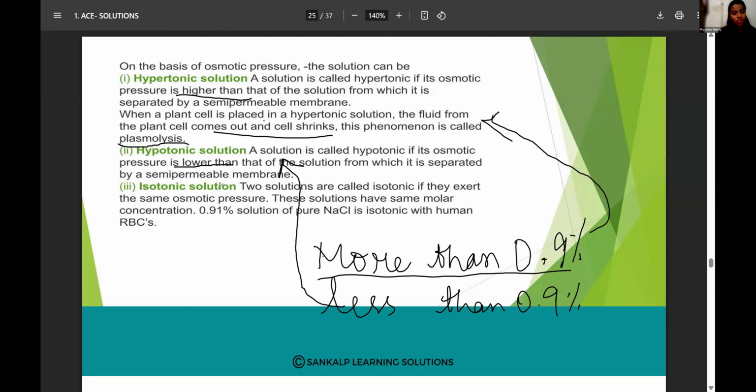If the salt concentration is less than 0.9%, the solution is said to be hypotonic. Did you understand this? So what happens if you place a cell inside a hypotonic solution? Water will enter into the cell and that cell will swell. Okay, now directly to the next one.